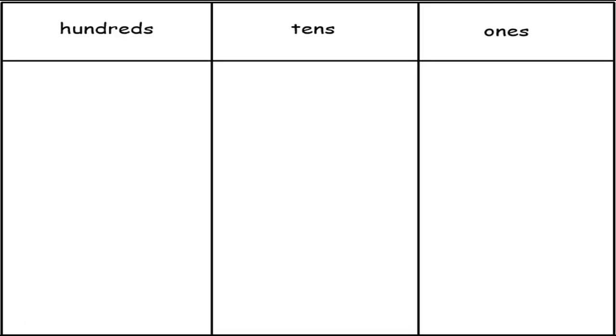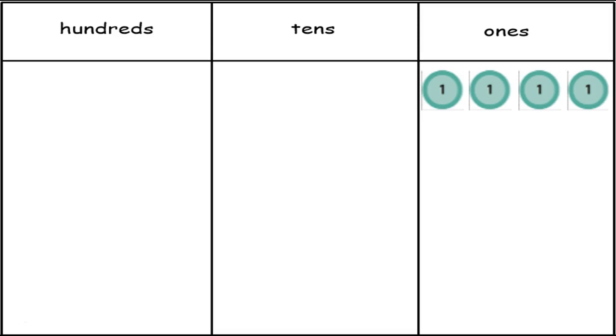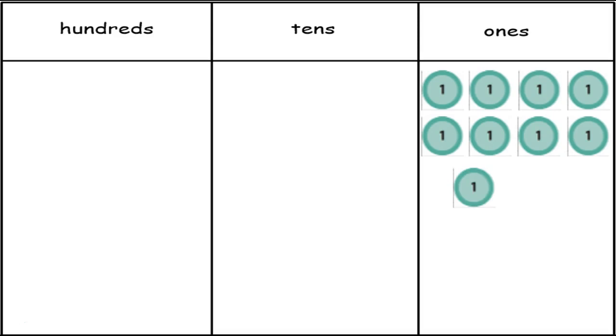Okay. So let's count how many discs I have here. We're going to count by ones first. So here we go. Count with me. 1, 2, 3, 4, 5, 6, 7, 8, 9, 10.